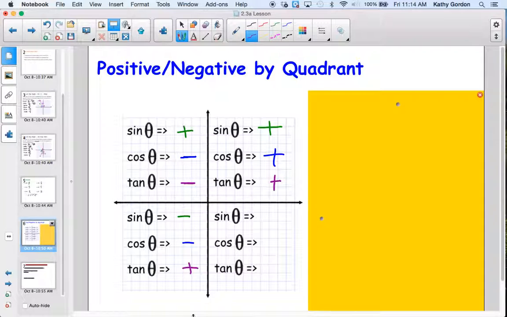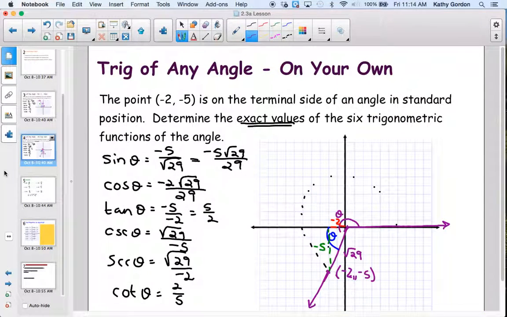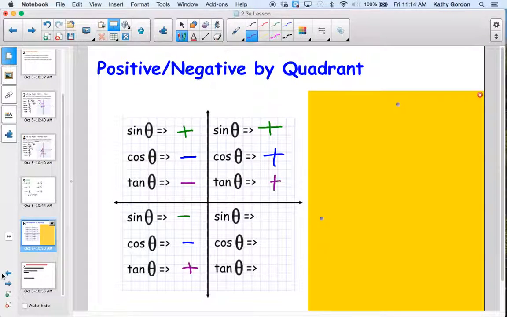Okay, and again, that's what this one was, right? Third quadrant, negative, negative, ended up positive. Okay, and then last but not least, fourth quadrant, what's sine going to be? Negative, because we're below. Cosine, positive, because we're back over here on the right side. And tangent, negative.